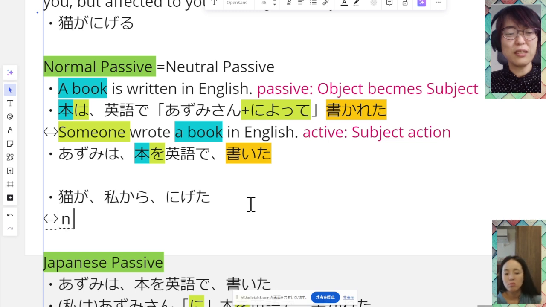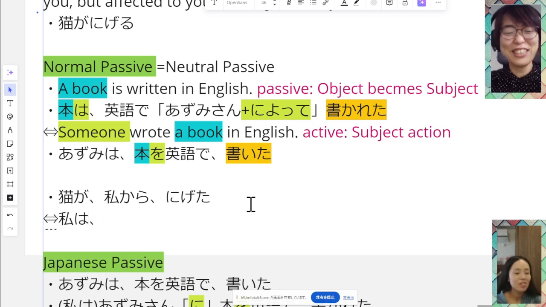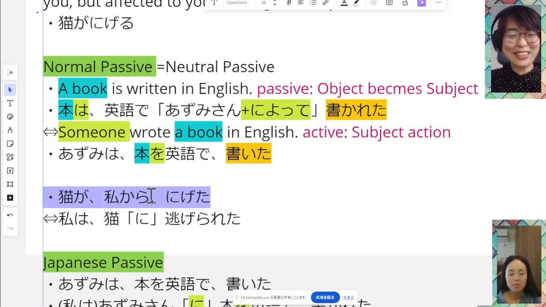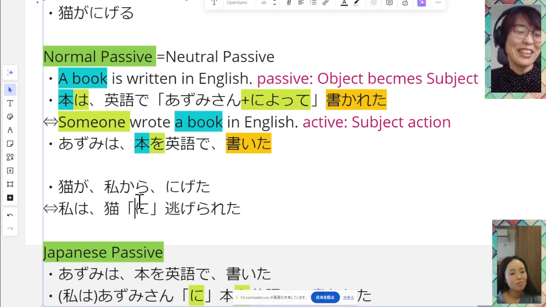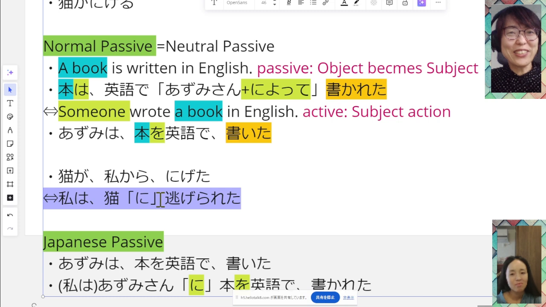私は猫に逃げられた。This is kind of a gray zone, you know. If you involve yourself in your sentence, yes, in a way you can say it's a normal passive. But usually, neko's running away is an action you really do not get involved in, right?